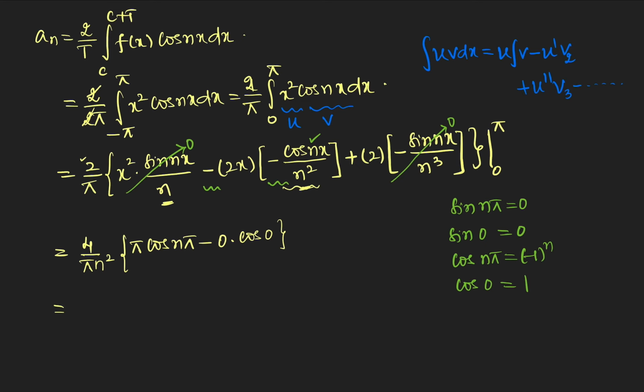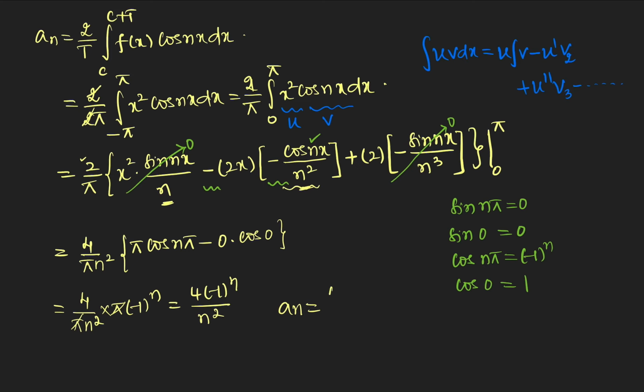So we get 4 by pi n square into pi times minus 1 whole power n. The pi cancels, and we get 4 times minus 1 whole power n by n square. So this is the value of an.